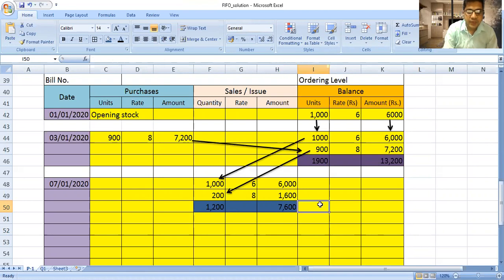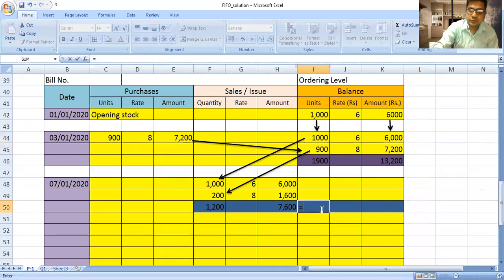Now we have to find out how much balance is available. Now 1000 is already gone, and from the 900, 200 are sold. So 900 minus 200, the rest of the units are 700.